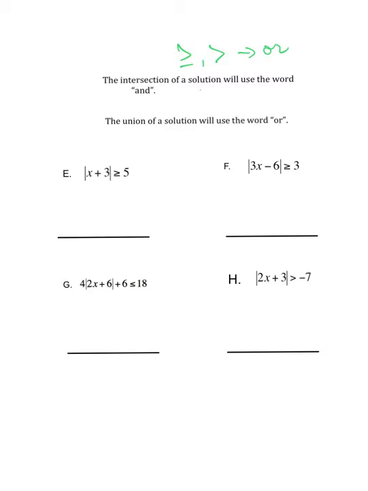If you have less than or equal to, this will use the word AND because we are looking for the intersection of the two inequalities that we are going to write. Everything else stays the same.